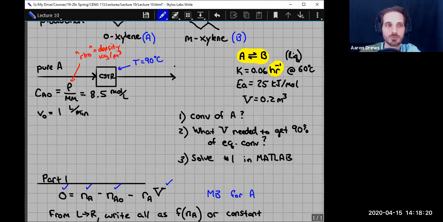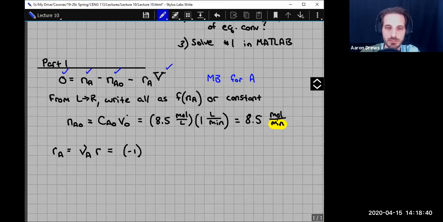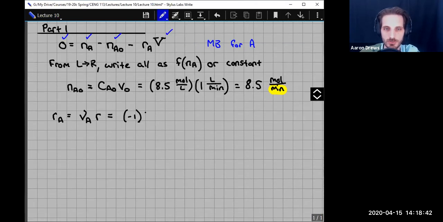Because you'd have to keep track of the fact that the rate was written for a different stoichiometry than the one I was given, and for whatever reason I chose to change it. So this is a great example of if you're given a rate law and a reaction, just use it the way that it's written. Don't try to change any of the stoichiometry. Technically you can, but it's very hard to keep track of all of the changes.